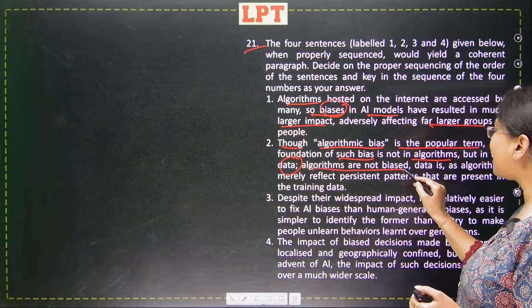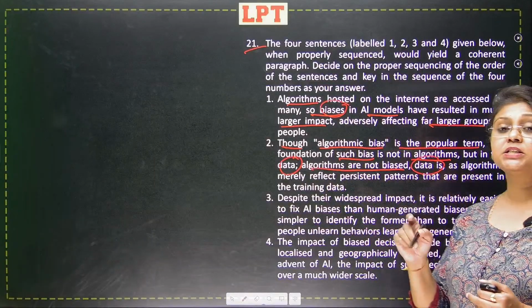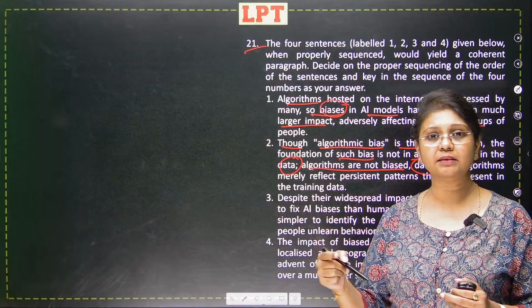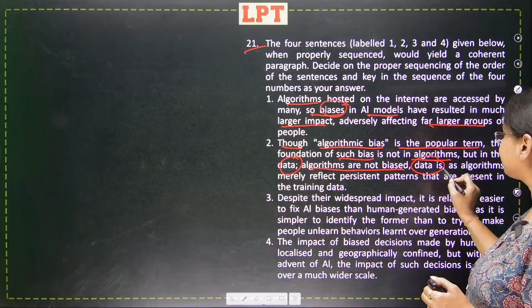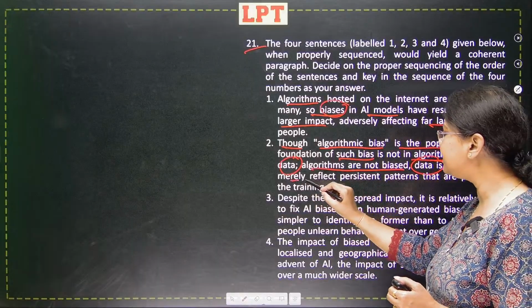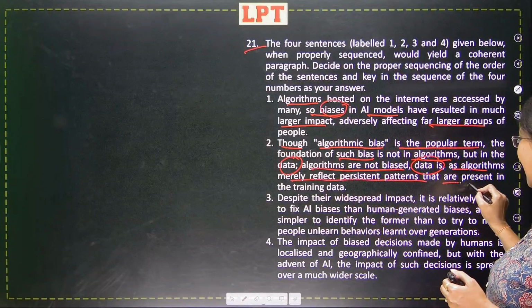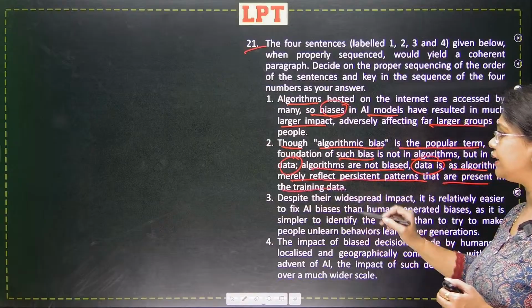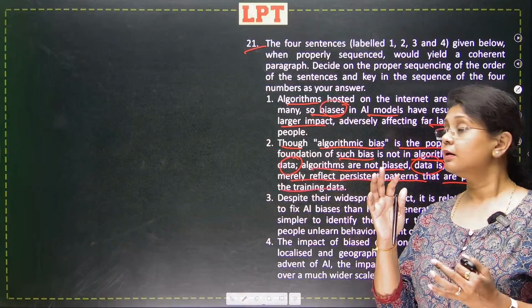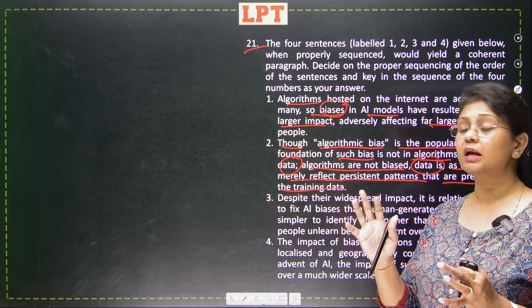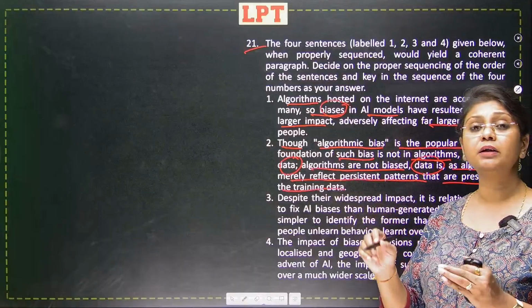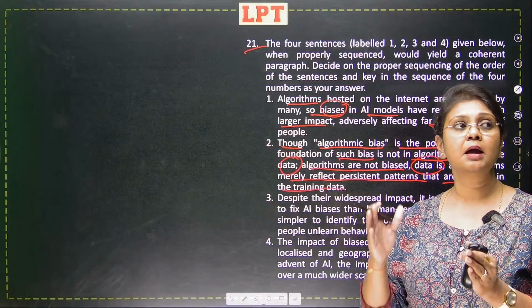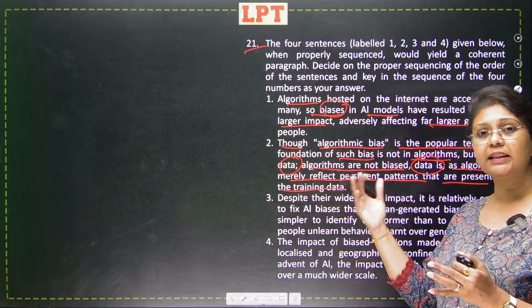Algorithms are not biased, data is. So it is not the algorithm that is biased, it is the data which is biased, as algorithms merely reflect persistent patterns that are present in the training data. So of course we are discussing the algorithmic bias here, and we have also talked about that it is not the algorithm which is biased, but it is more in terms of the data that is biased.